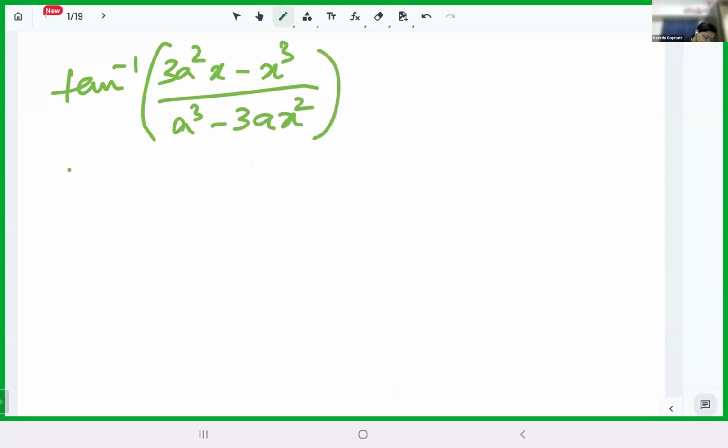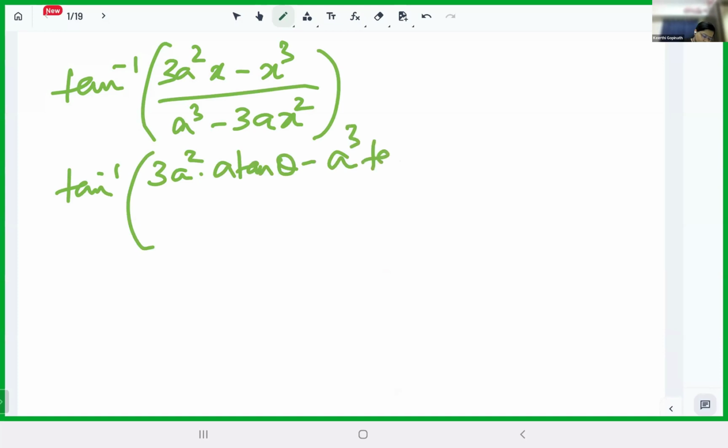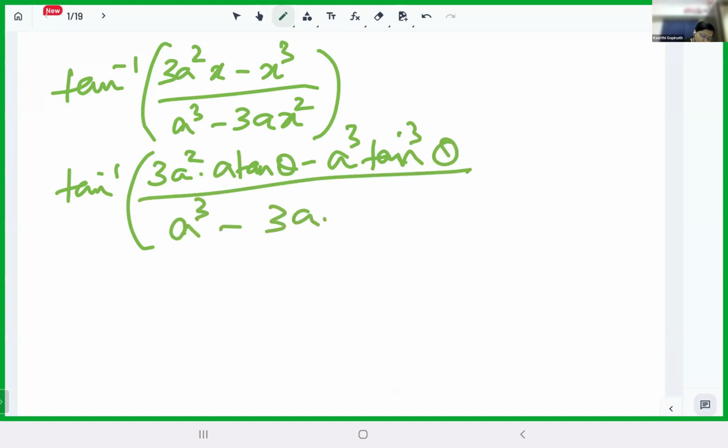So this can be written as tan inverse of 3a square into a tan theta minus a cube tan cube theta, divided by a cube minus 3a into a square tan square theta. Isn't it? Instead of x, I am giving the value a tan theta. So x cube will become a cube tan cube theta and x square will become a square tan square theta.